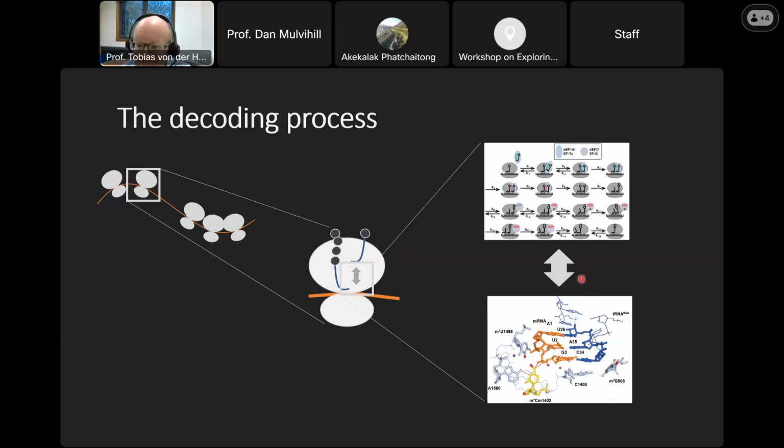Different tRNAs have different rate constants in this scheme depending on how they base pair with the codon. And as a rule, the stronger the base pairing is between the anticodon and the codon, the faster the forward rates in the scheme get, and the slower the reverse rates get. Whereas if anticodons do not base pair with the codon, then we have slow forward rates and fast reverse rates, which means that the tRNA tends to enter the ribosome and go out again.